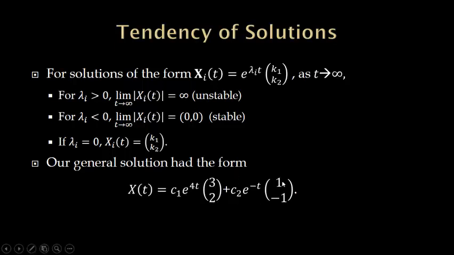For this portion, along the vector 1, -1, solutions will tend towards the equilibrium, because as t grows, this exponential decay will grow smaller as t gets larger, and so these will go towards the equilibrium 0, 0. We call that a stable solution.